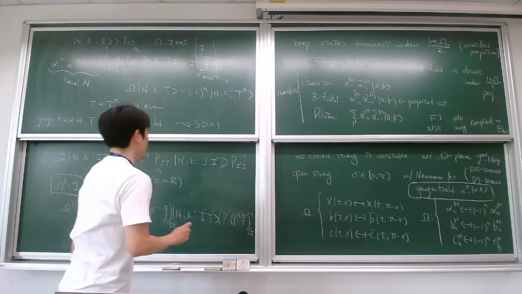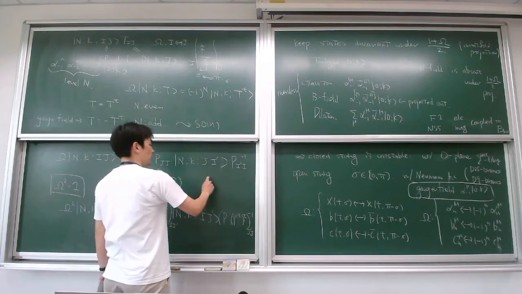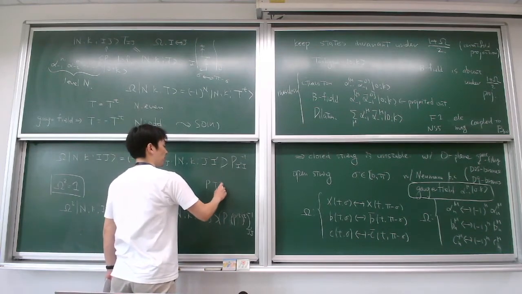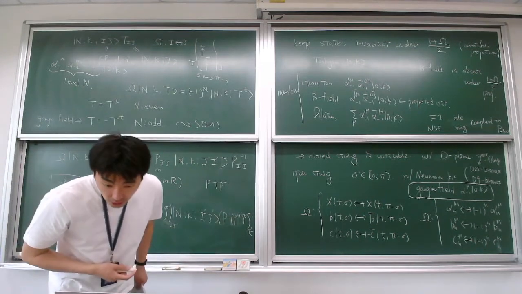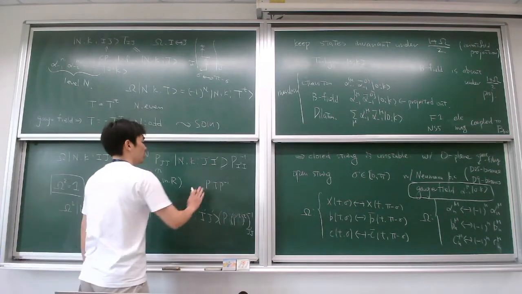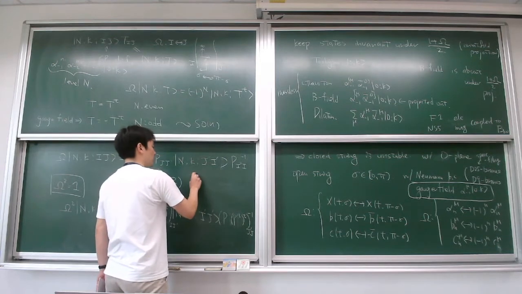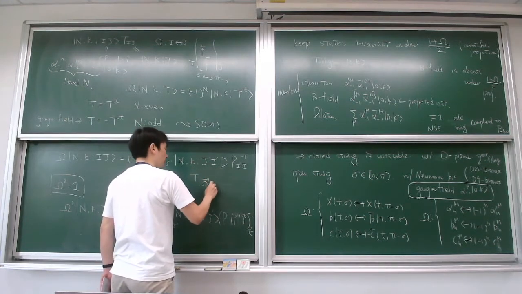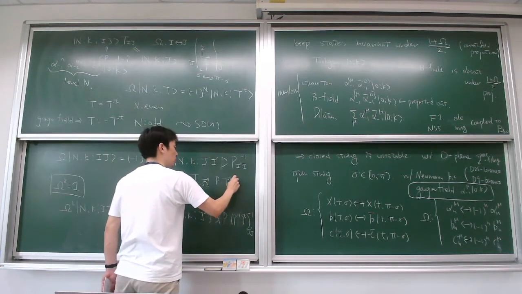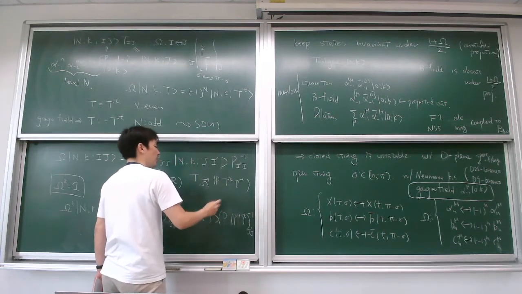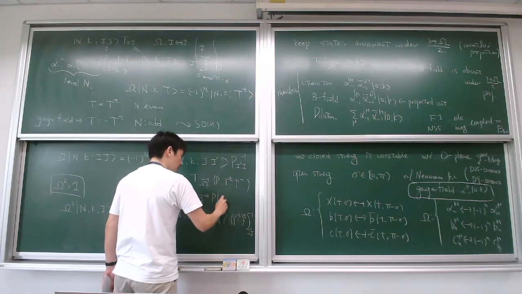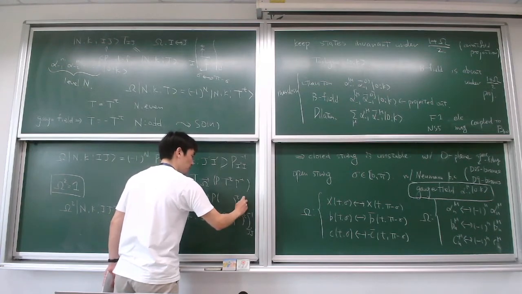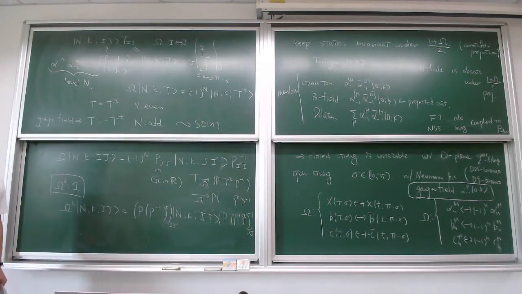So more precisely speaking, what you end up with is essentially P T P inverse. So okay, let's start. T goes to omega in the P T transpose P inverse. That's what you get. And from one more omega, what you get is P, this guy transpose P inverse. Okay, that's what you get.